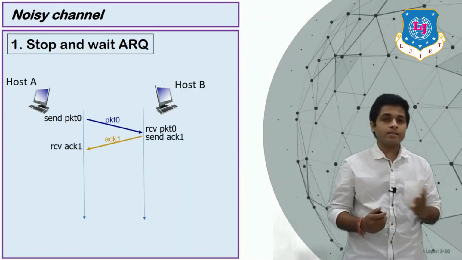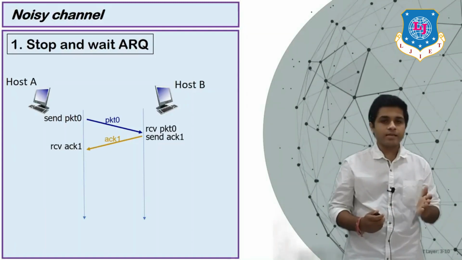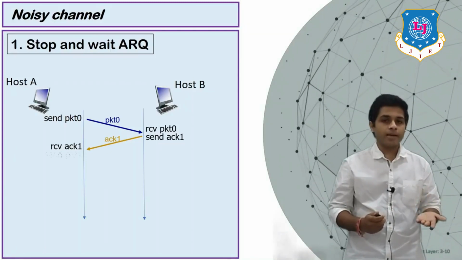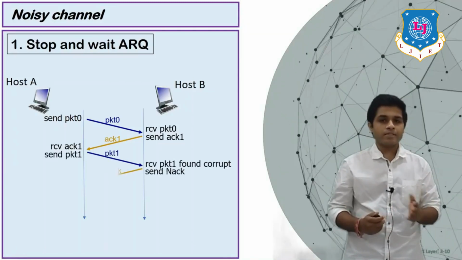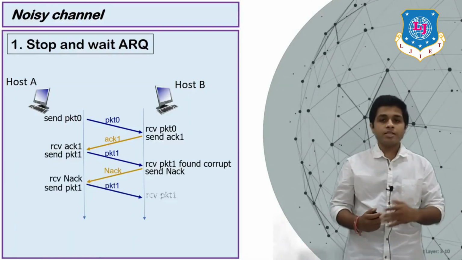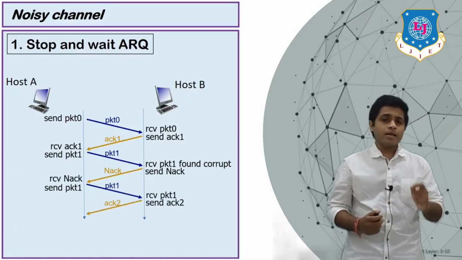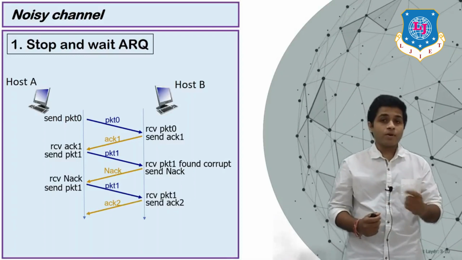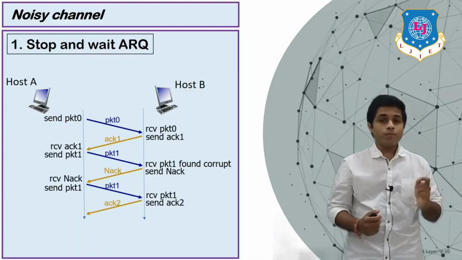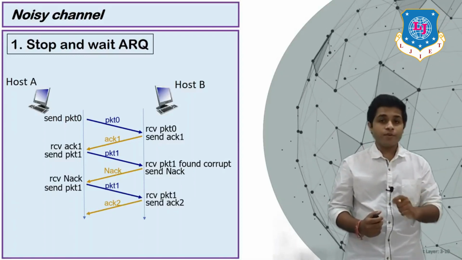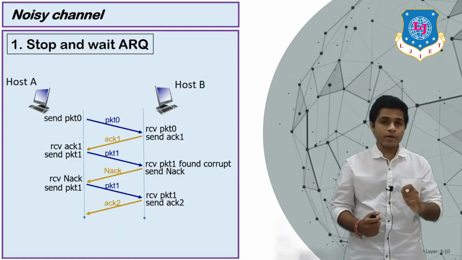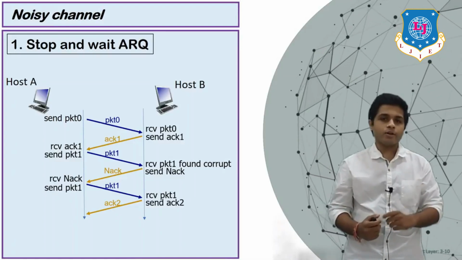So A has received the acknowledgement 1, so it will send which packet? Packet 1. So A will send the packet 1, B will receive the packet 1, and suppose that packet 1 is found corrupt. So when a corrupted packet is found, B will send the negative acknowledgement instead of acknowledgement.